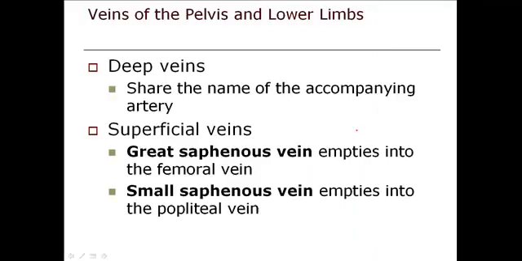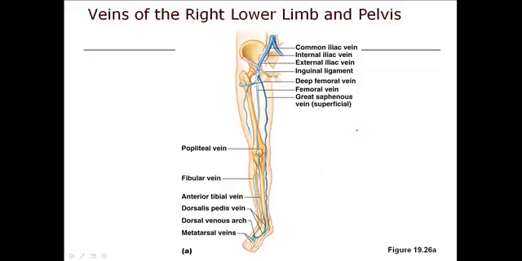It's not that difficult. So the veins of the lower limbs, here we go. Simple: metatarsal veins, dorsal venous arch, dorsalis pedis vein, anterior tibial, fibular, popliteal, great saphenous, you've heard of saphenous, the femoral vein, the deep femoral vein, and into the external iliac, internal iliac, common iliac.